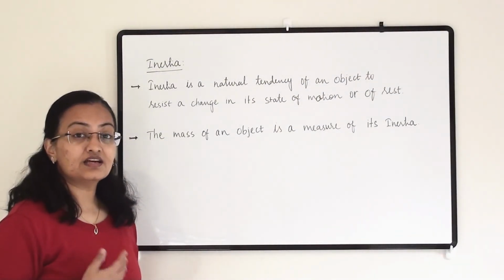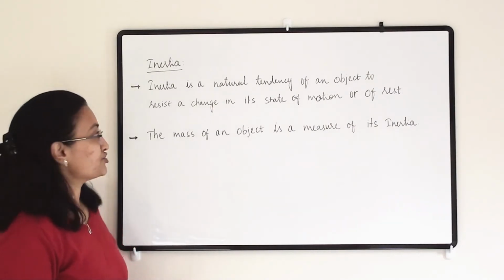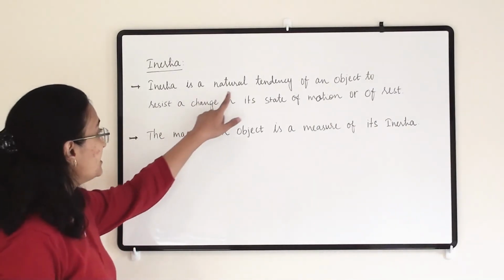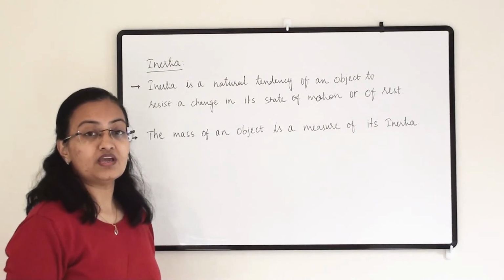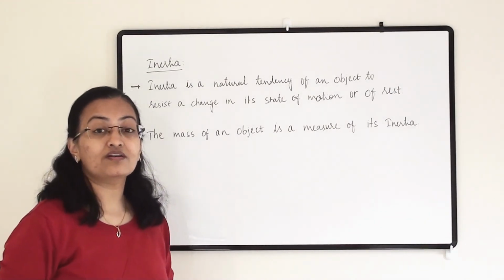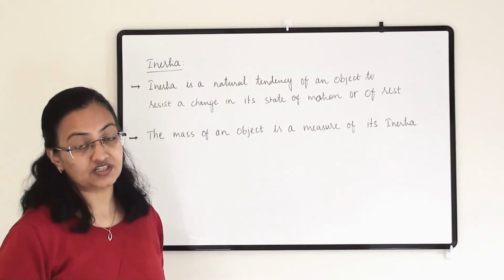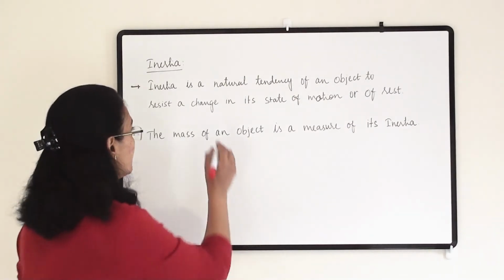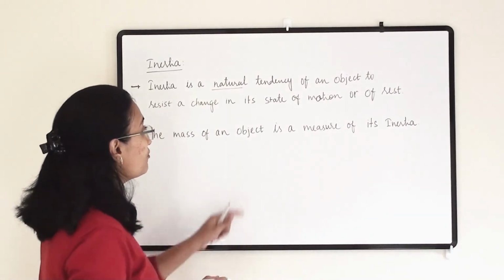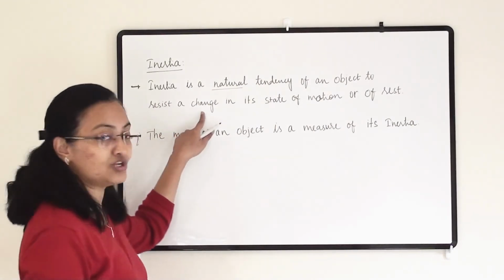With this, let us collect our thoughts about inertia. Inertia is a natural tendency. We cannot add inertia, it will always be there along with the object. It is a natural tendency of an object to resist a change.